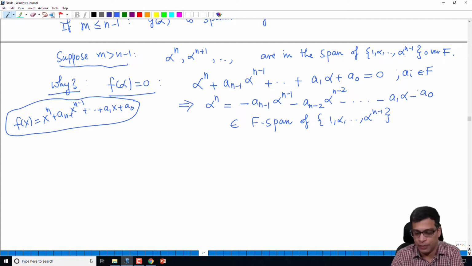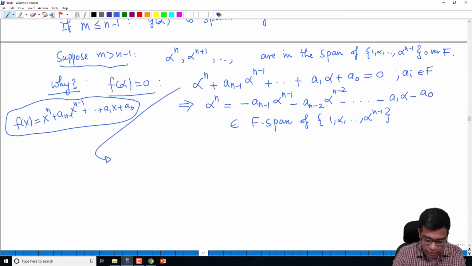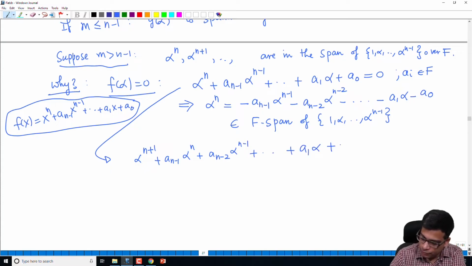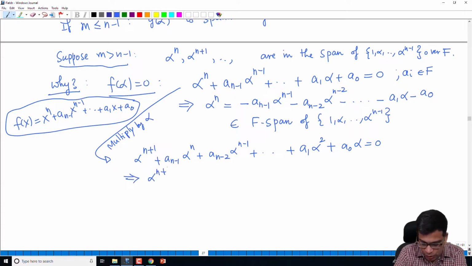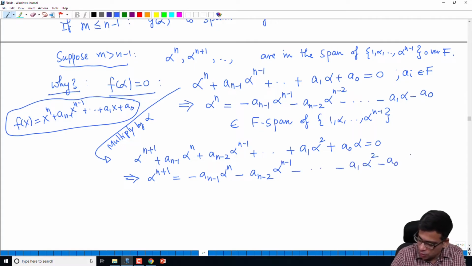What about alpha^{n+1}? That's also easy. We can multiply this equation by alpha. We get alpha^{n+1} + a_{n-1} alpha^n + a_{n-2} alpha^{n-1} + ... + a_1 alpha^2 + a_0 alpha = 0. So we are just multiplying by alpha. But that means alpha^{n+1} can be written as minus a_{n-1} alpha^n minus a_{n-2} alpha^{n-1} minus ... minus a_1 alpha^2 minus a_0 alpha.